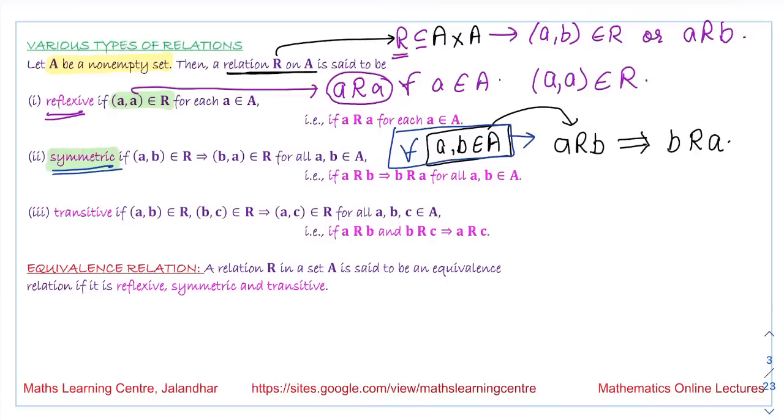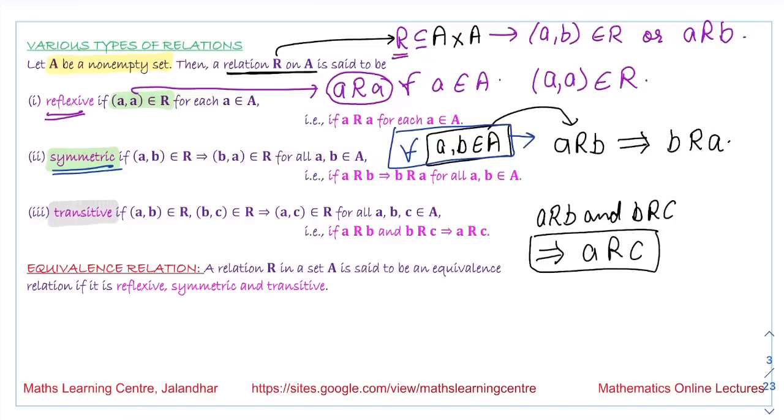The third definition we have is the transitive relation. So a relation is said to be transitive if A is related to B and B is related to C, this implies that A is related to C. These are just the definitions I am telling you.